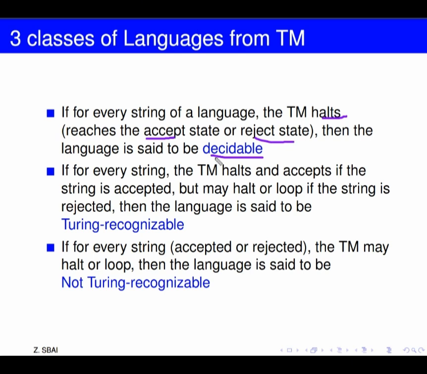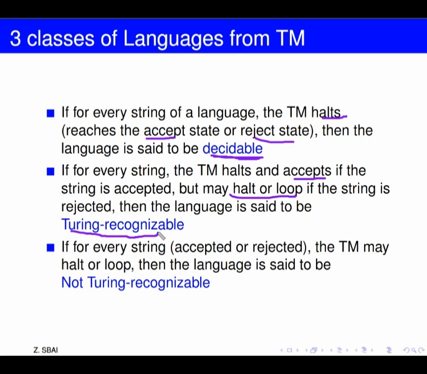So here we will say that the language is decidable. But if the machine enters an accept state, it will halt and accept if the string is accepted, but it may loop or halt and reject if the string is rejected. In this case, we will say that the language is recognizable or Turing recognizable.